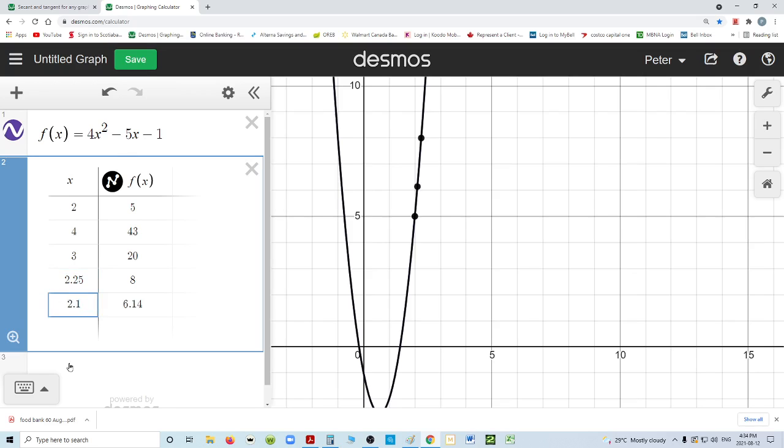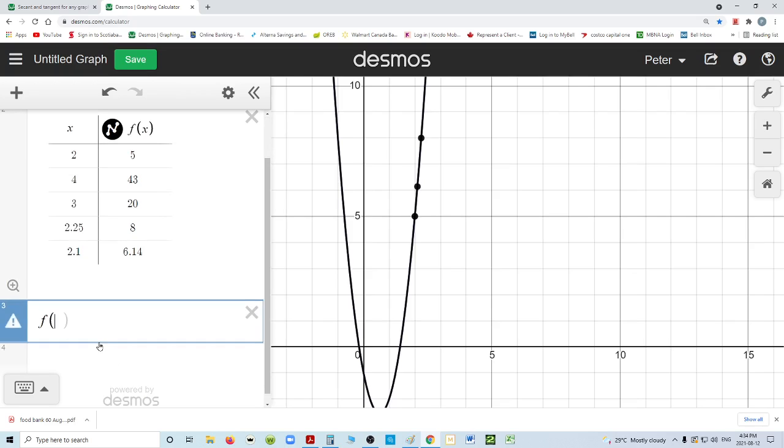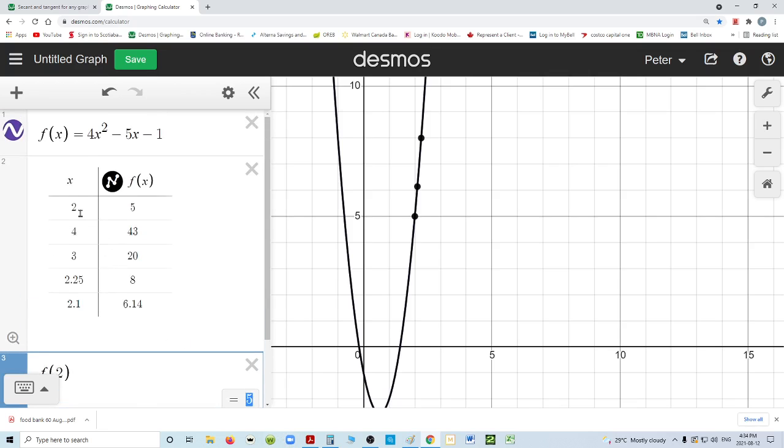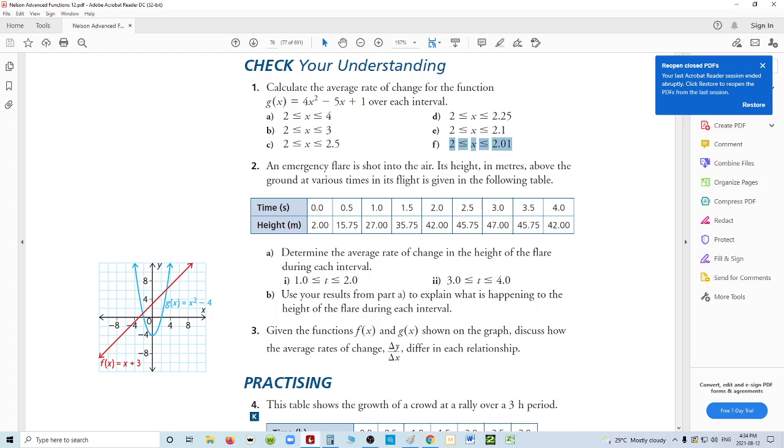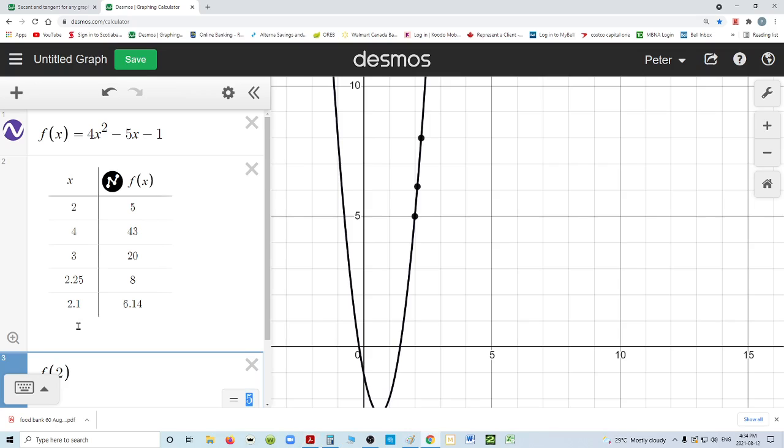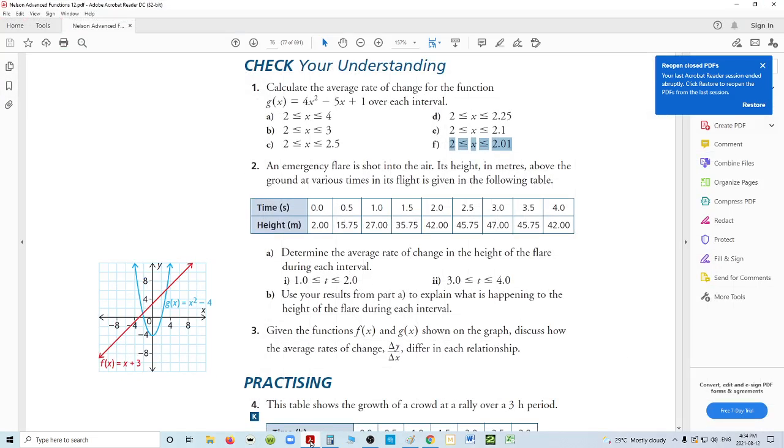It's also not a bad idea to have down here, you can always just punch in what is f of 2, and it's going to give you the y value when x is 2. So this is a very useful thing to save yourself some calculations, okay? But you can always make a table of the values they're looking for. We're looking for 2.01, they're also 2.1, and they're also looking for 2, 4, 3, 2.5, 2.25, 2.1, 2.01.